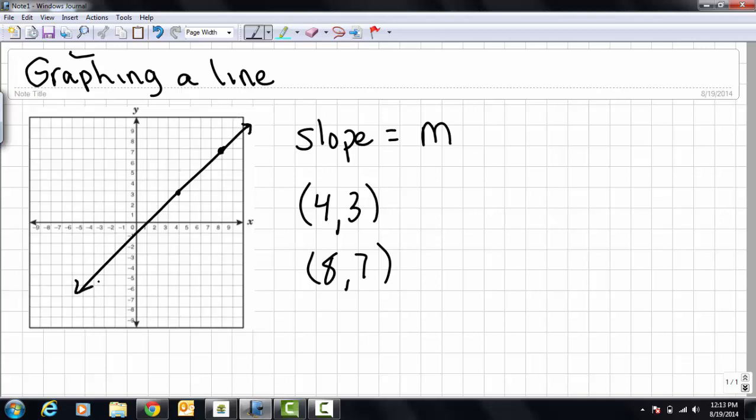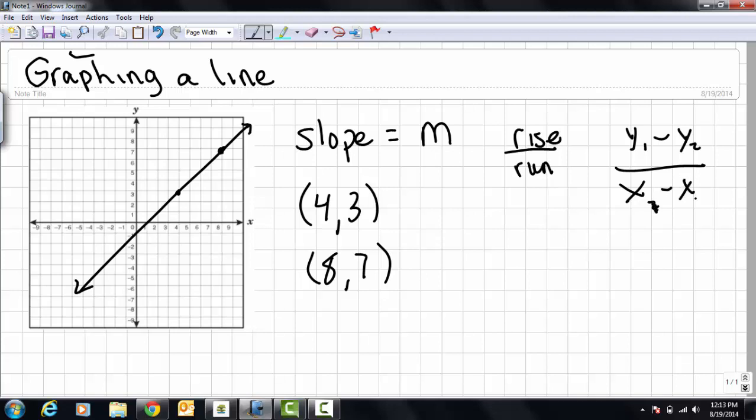Now, how can I figure out the slope of this line? Well, slope is found by doing rise over run, or your change in y, because your y is what's going up and down, over your change in x, because that is your run, that's what's going left and right.